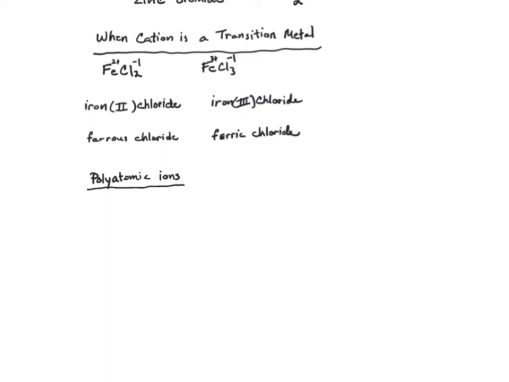Okay, and they are exactly what they sound like. They are groups of atoms that have a charge overall. So, for example, we can have an OH with a negative charge, and we call this a hydroxy group, but we call it hydroxide.